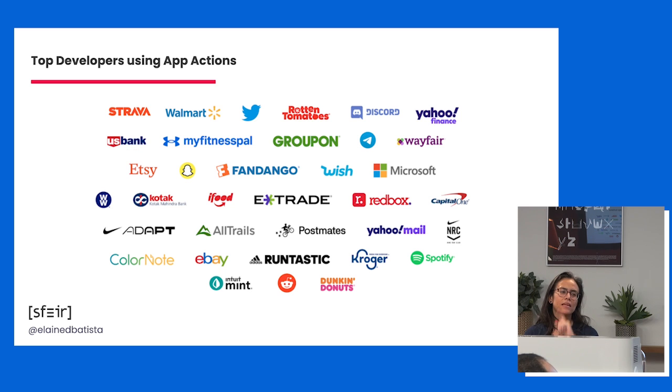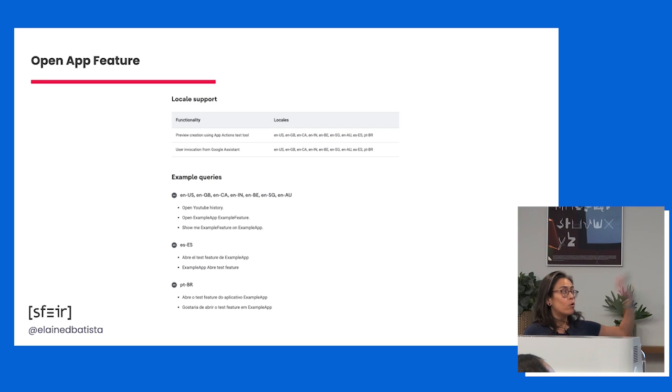And there's a reason why we don't talk that much about app actions in France. I'm only going to show you the docs for open app feature and get thing. Since we have to get the query from natural language, every locale has to be supported. You see right here on the open app feature, which is one of the most interesting features because every app can basically use it, that it's available in English, Spanish for Spain, and Brazilian Portuguese.